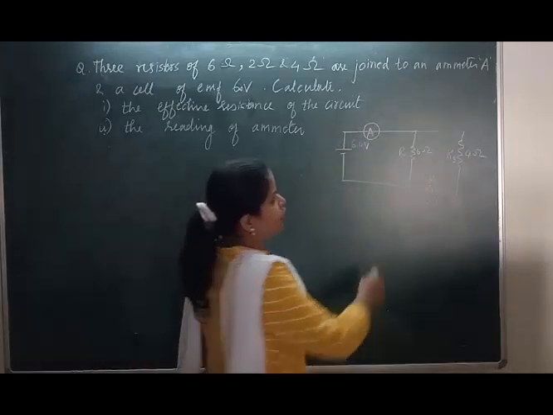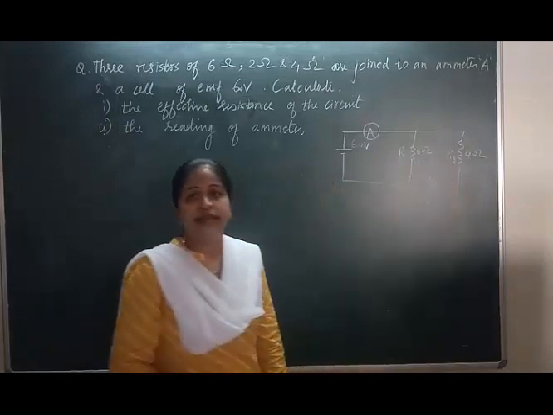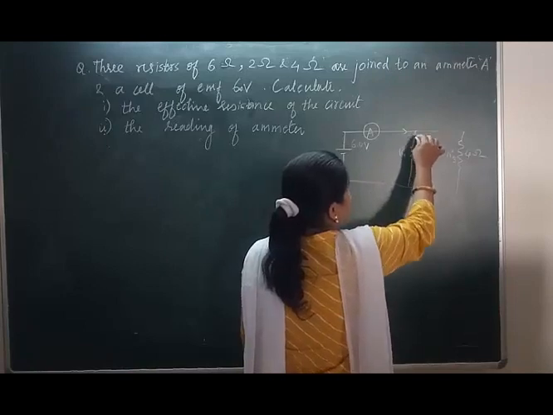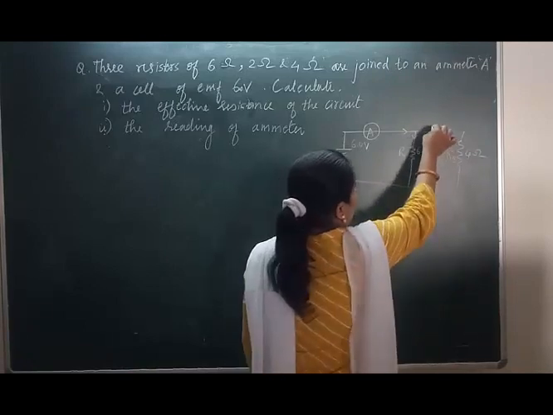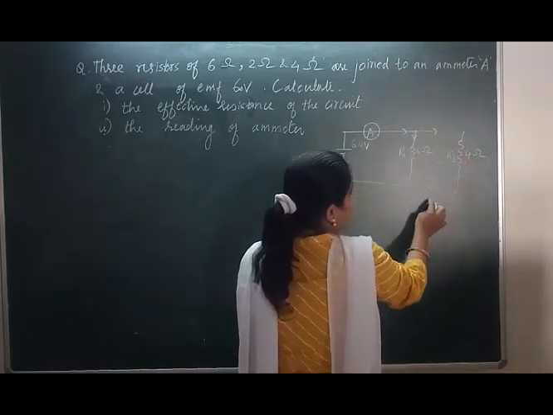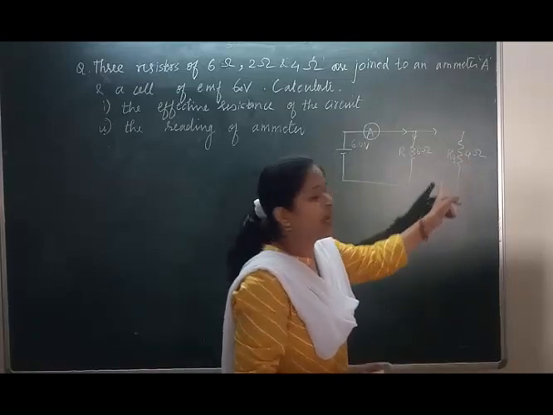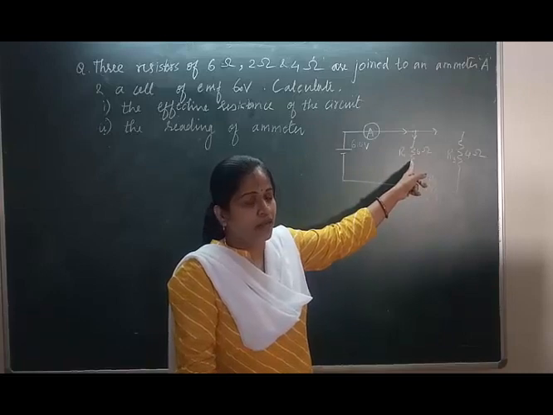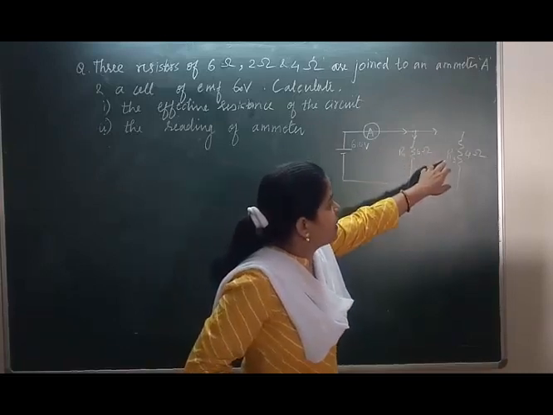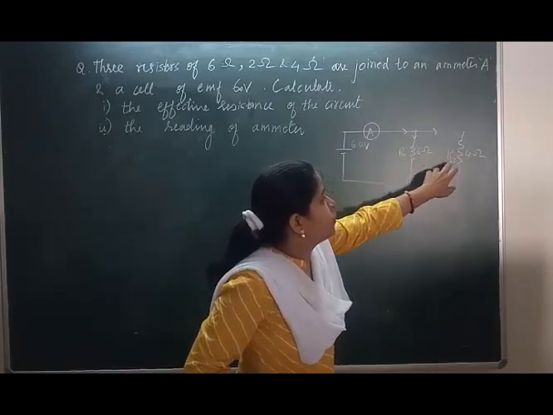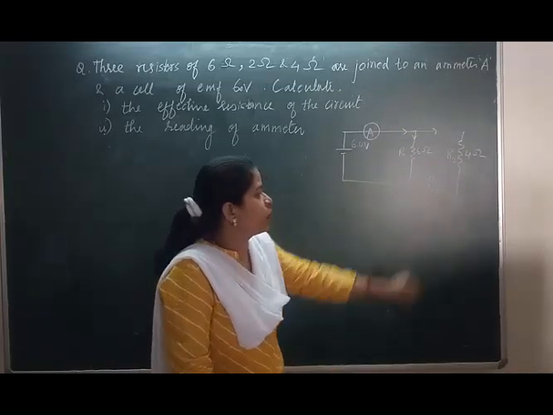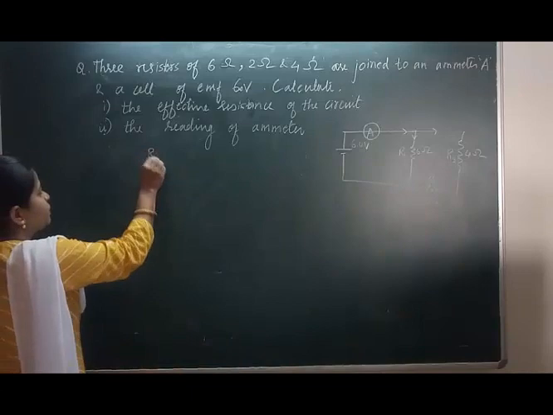First of all, you have to find out how the resistors are connected in the circuit. That is the resistor R1, and that is R2 and R3. R2 and R3 are in series, whereas R1 is in parallel. So at first, we are going to find the series resistor value.